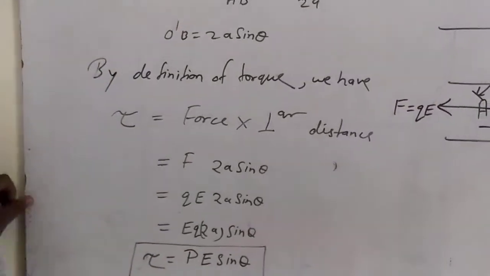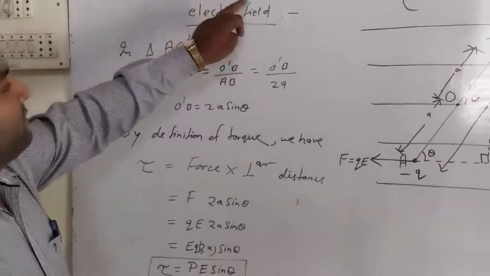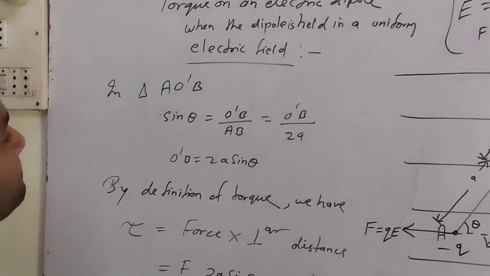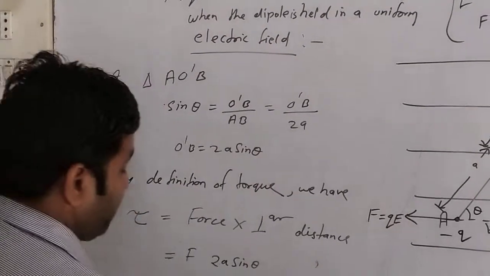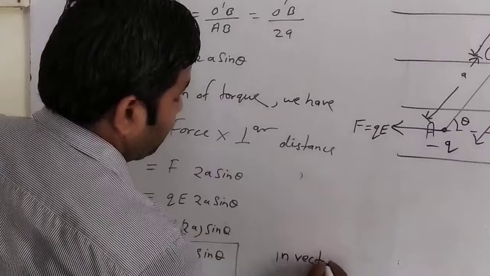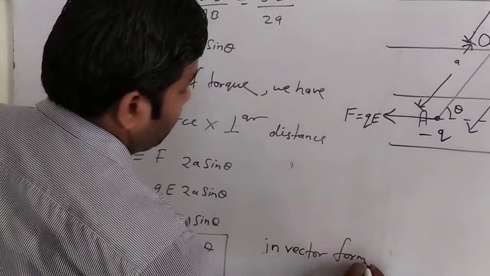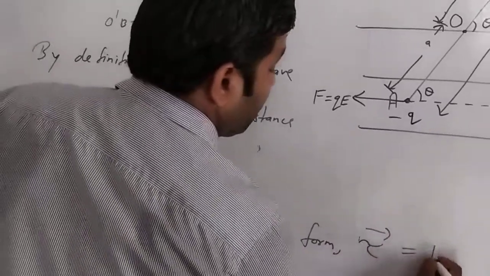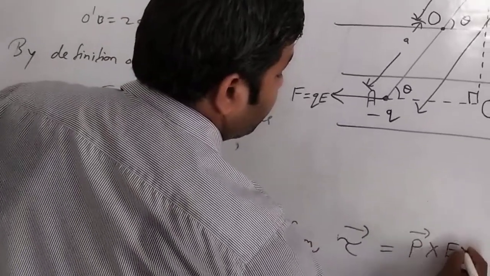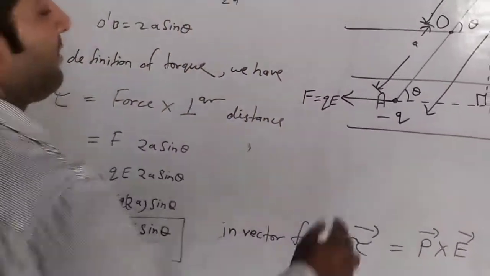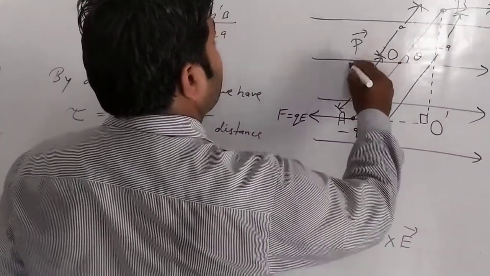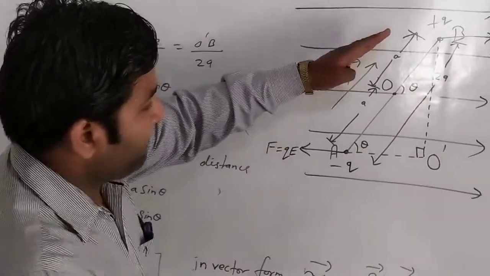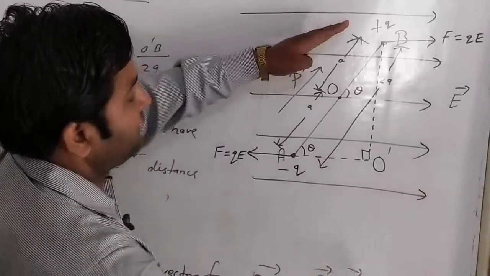This is the expression for torque on an electric dipole when the dipole is held in a uniform electric field. In vector form, torque tau is equal to P cross E, because the direction of P is from the negative charge to the positive charge, in this direction, and here the torque in this direction and the vector electric field in this direction.